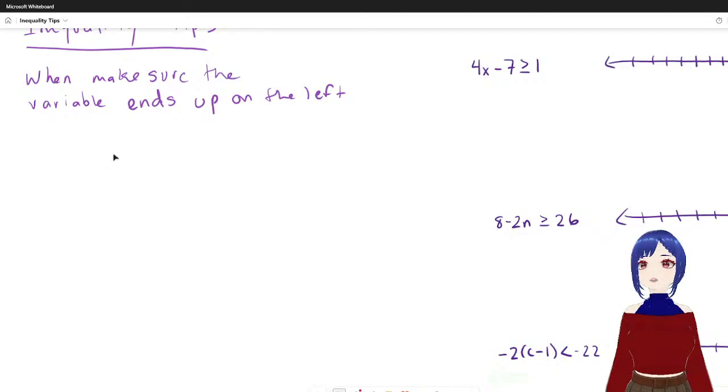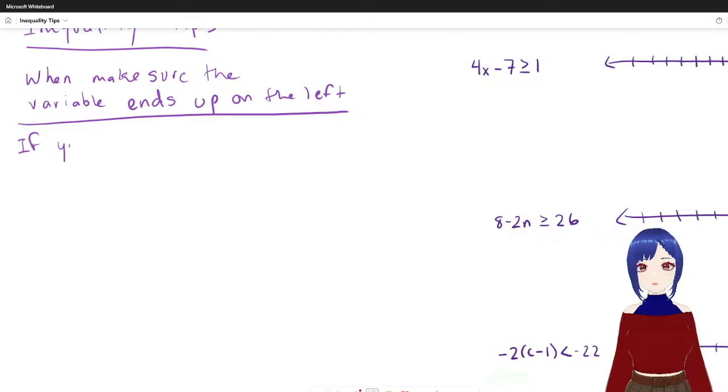So the next thing is that if you change the sides of your terms, you have to change the inequality. So if you flip terms, you flip the inequality as well.